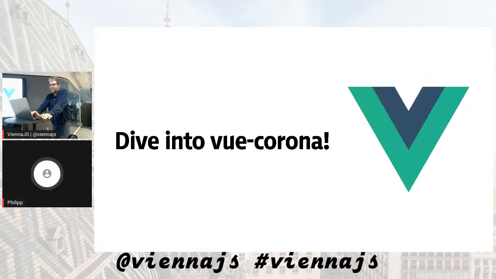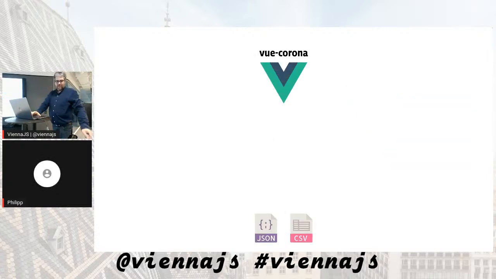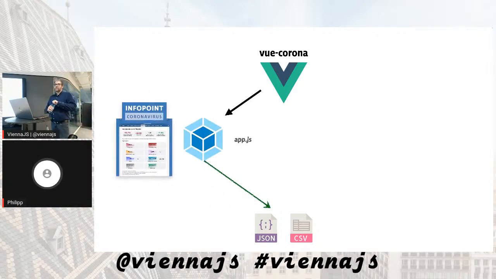So let's dive a little bit more into the Vue application. On the one hand, you have the Vue application, which renders the single page application, which Felix also showed before. And this is the standard way we started to develop the thing.